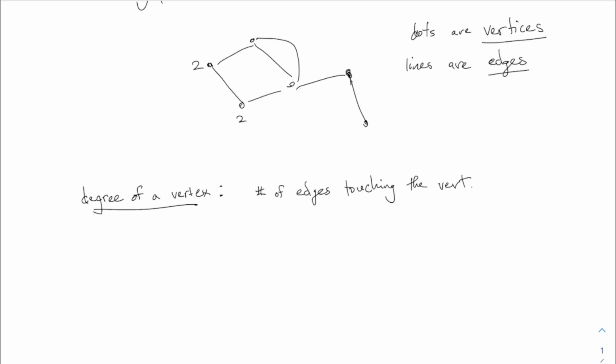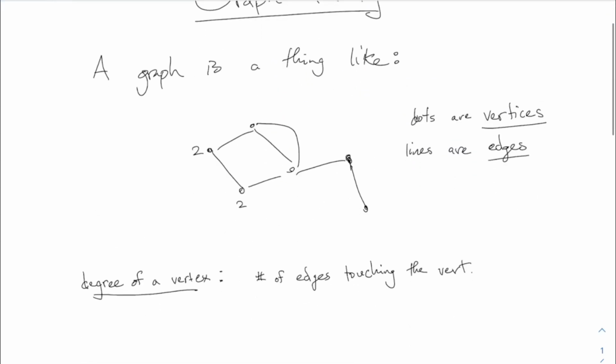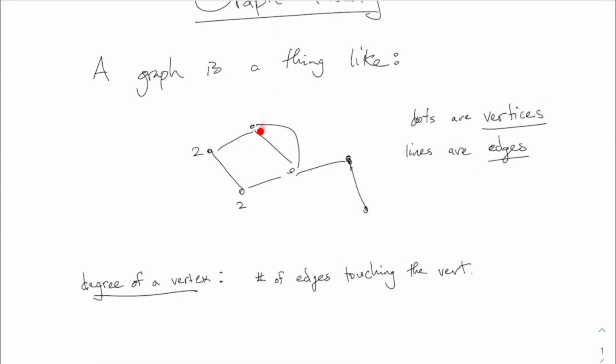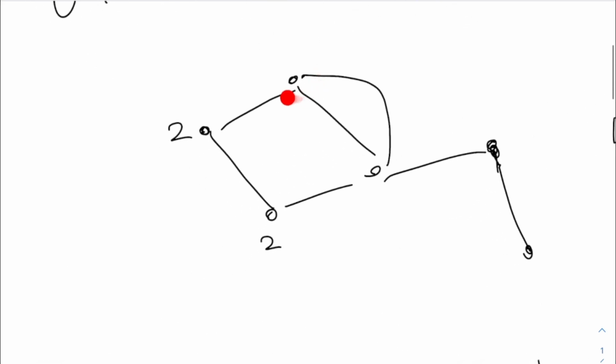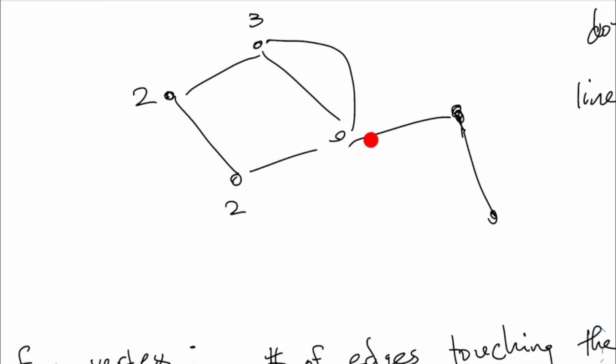All right? What about up top? Oh, this one here? Somebody want to shout it out? What's the degree there? 3. Yeah, you look just around this vertex, how many edges are going into it? And the answer here is 3. This one here, you could just look sort of around a circle around this vertex. I see 4 edges for this one.